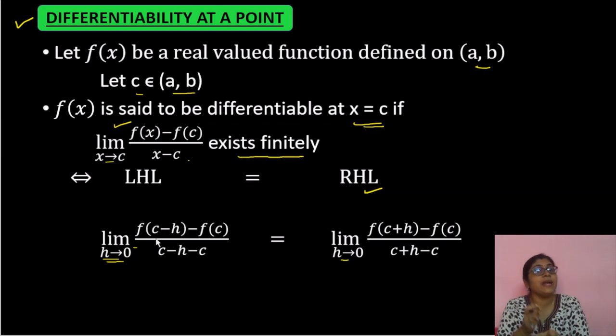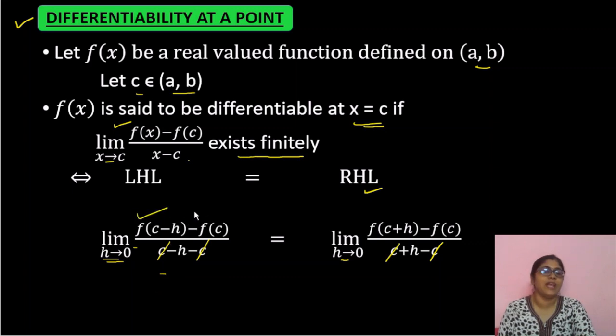If that limit exists, then the function is said to be continuous and differentiable at the point x equal to c. Here we can cancel c and c. So it will give us a negative value if this value is positive, and if this is negative, this will give us positive. And if this is positive, here we'll get the same value.